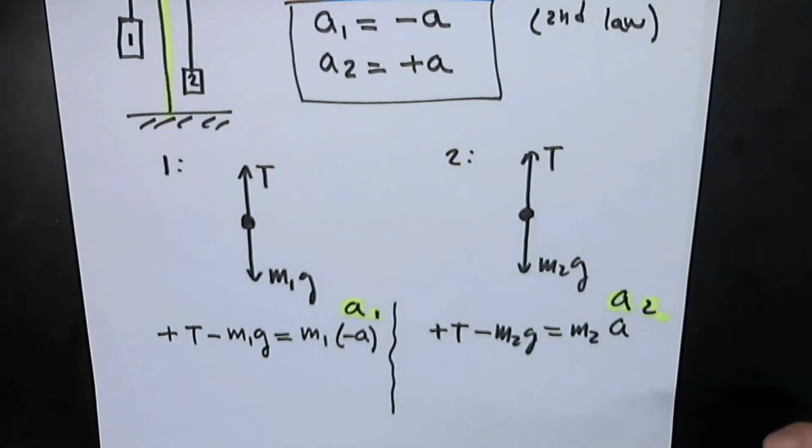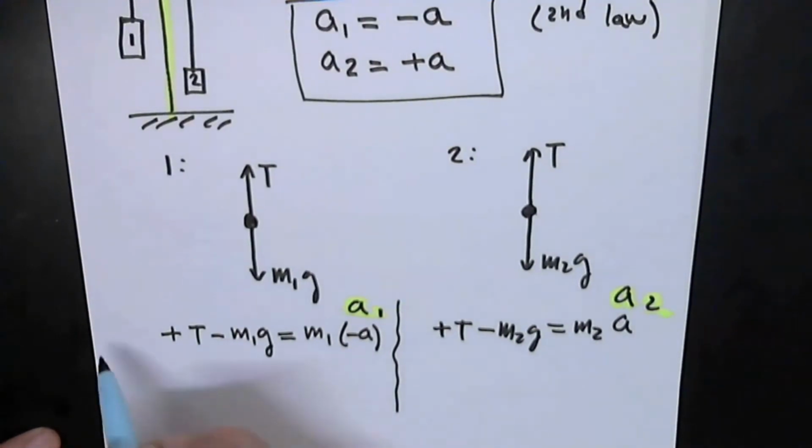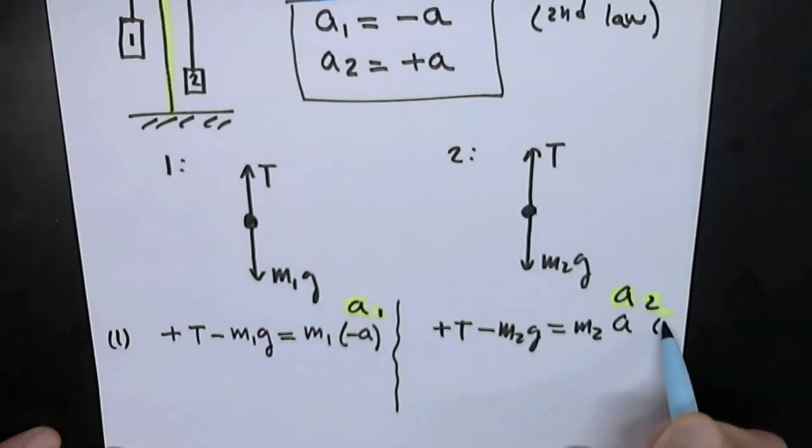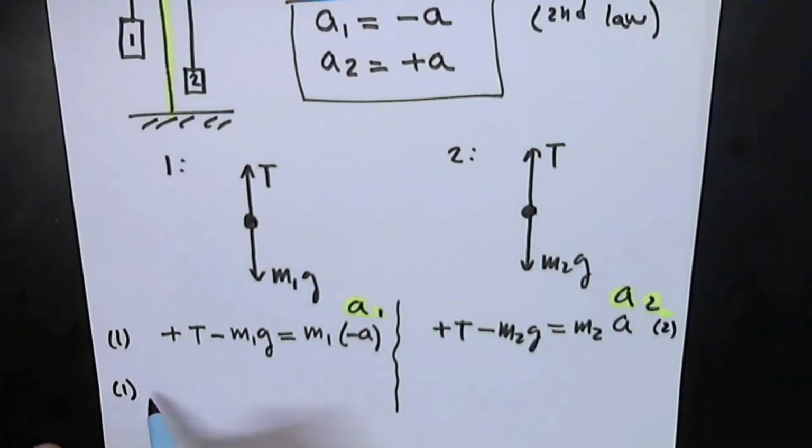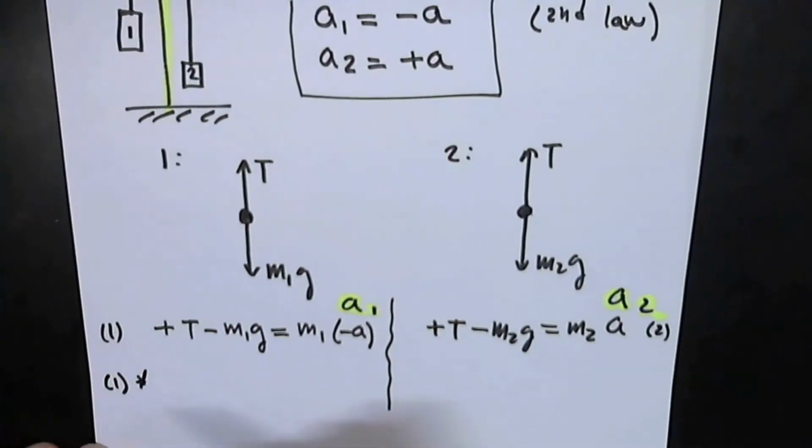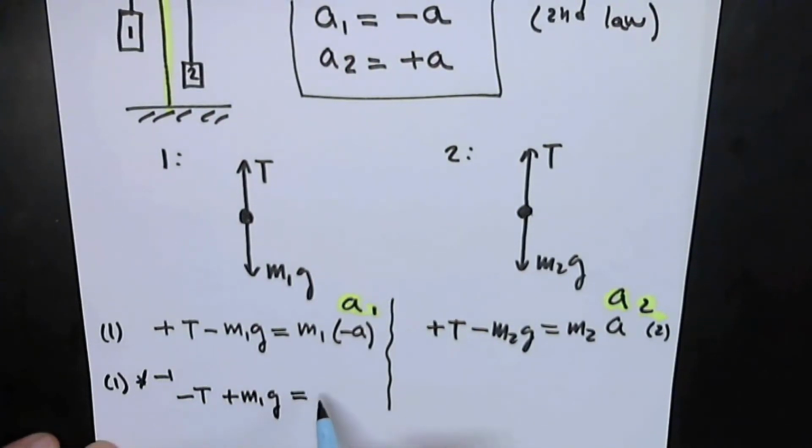All right, so for the equations now, I will multiply equation 1 by -1. Let's say this is 1 and this is 2. So the first equation times -1, I get negative T plus M1G equals M1A. Okay, and now I can easily add these two equations because you see the tension cancels out.